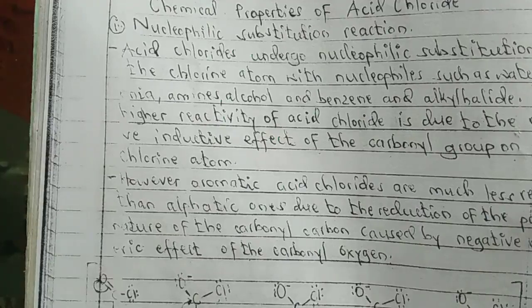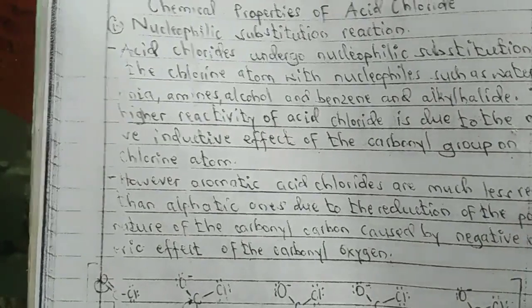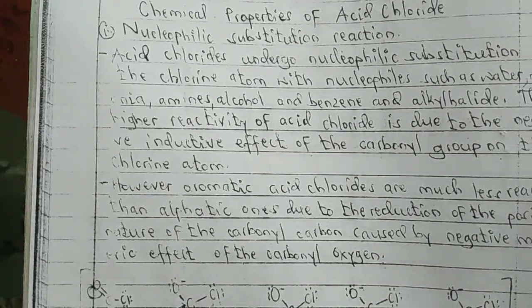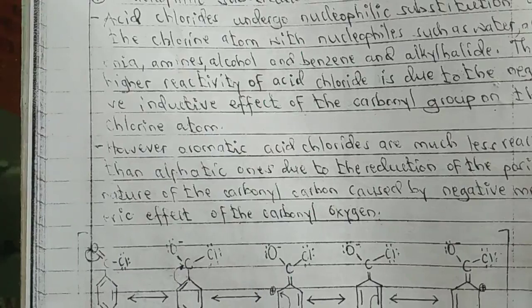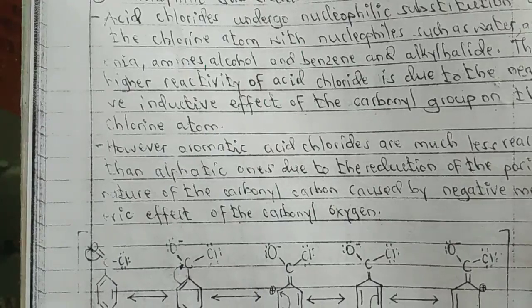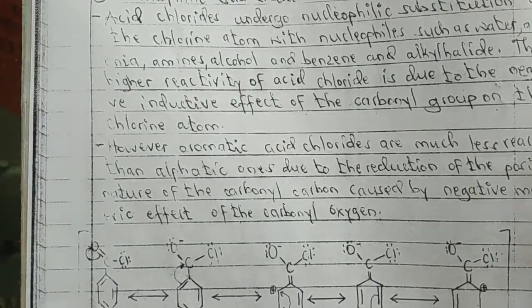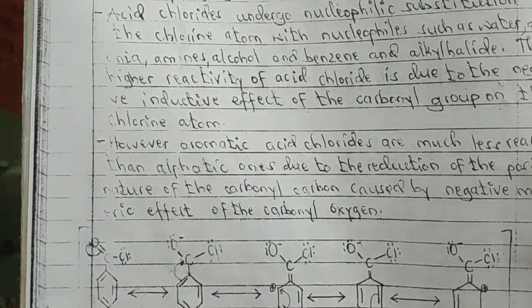Aromatic acid chloride are much less reactive than aliphatic ones due to the reduction of the positive nature of carbon caused by the negative mesomeric effect of the carbonyl oxygen.